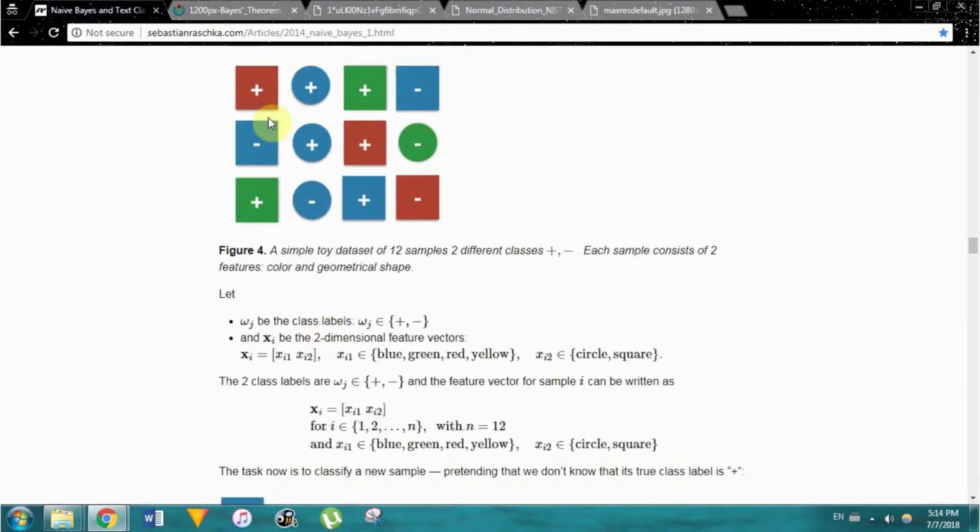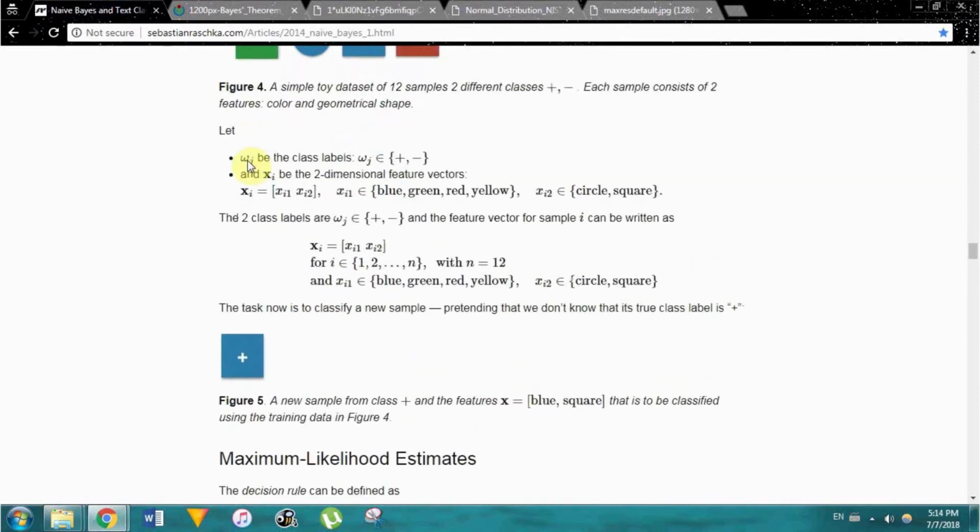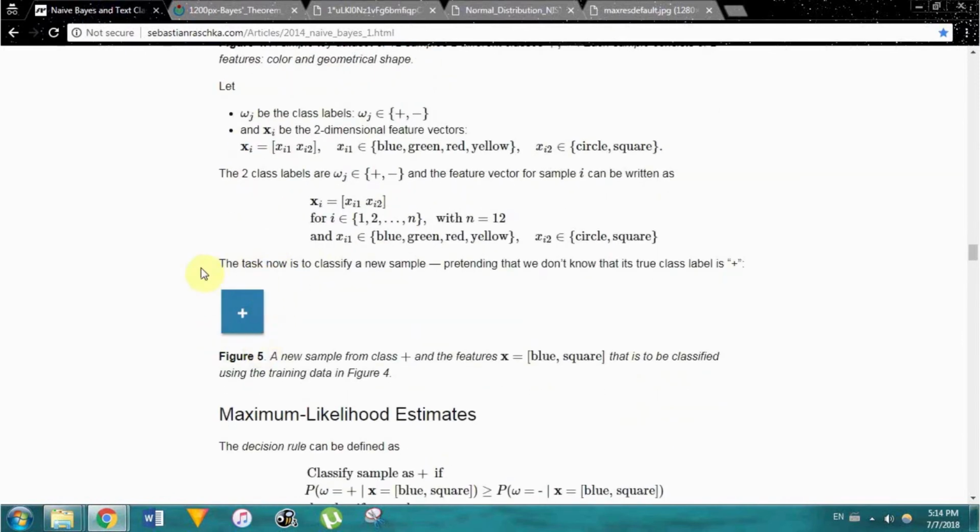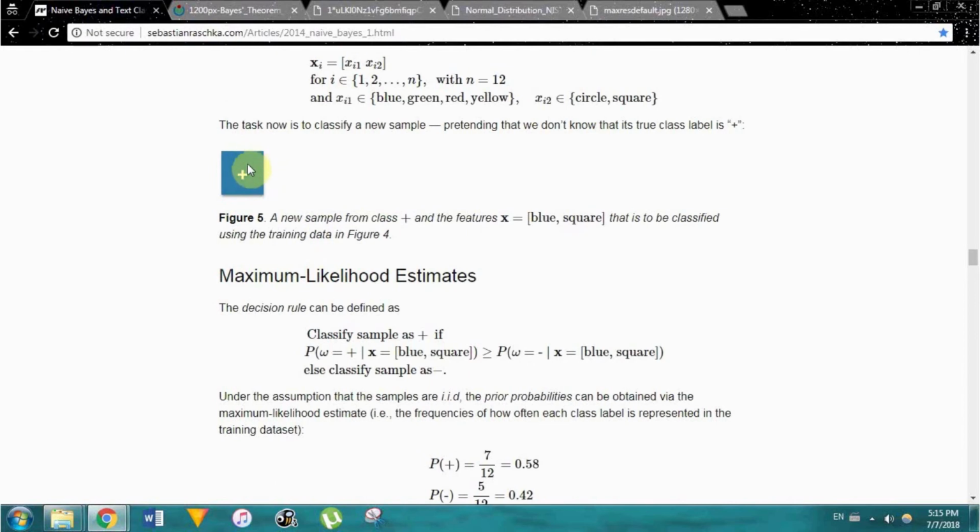So we have this training set. As I said, the first feature is color, which could be blue, green, red, yellow, and the second feature is shape, which could be circle or square, right? And we have the two different classes, plus and minus. And we have a new sample, which is a blue square, and we can kind of cheat that it's of class plus, but we'll pretend that we don't know what the class is and we want to find it out, okay?